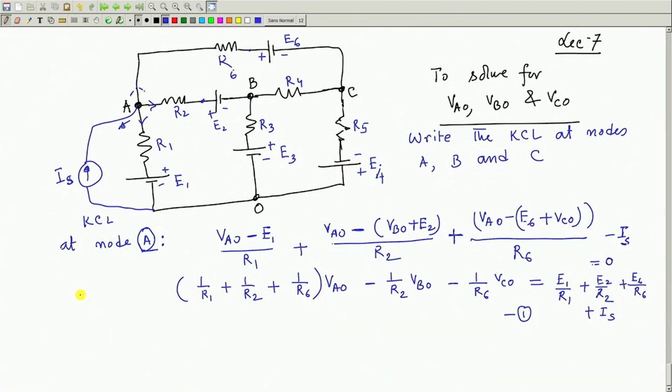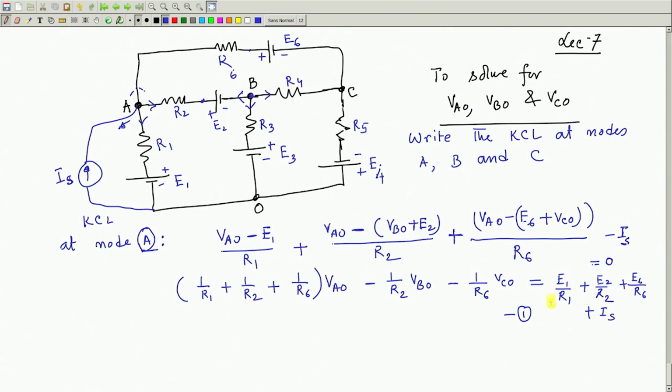Then after that writing I discover, oh, there is a pattern, that you must understand. So, similarly, I can write from very basics the KCL here: this current, this current, this current, sum of these currents is 0. Then keeping VAO, VBO, VCO on the left hand side, bringing all the sources to the right hand side, I can get that.